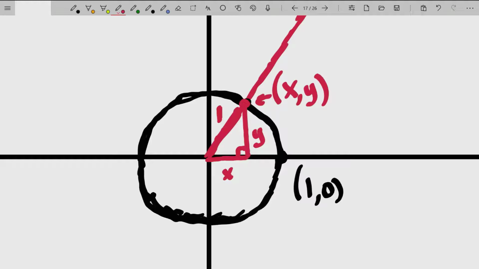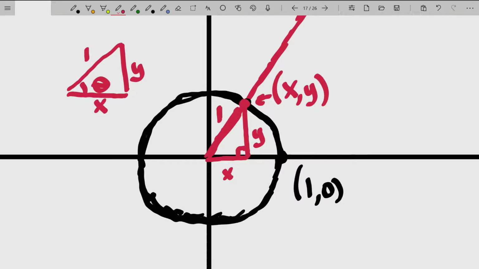Now, using that right triangle as a template, if I just had that right triangle hanging out in space here, and I said, hey, I need to know what are the trig functions of that angle. Sorry that it's a little bit blocky. I made this kind of a small thing, but what are the trig functions of that angle theta? You would say sine of theta is just opposite over hypotenuse, y over 1.